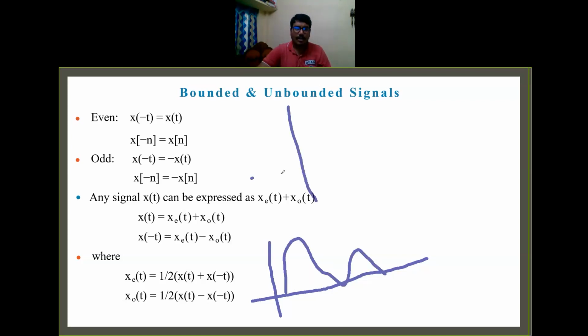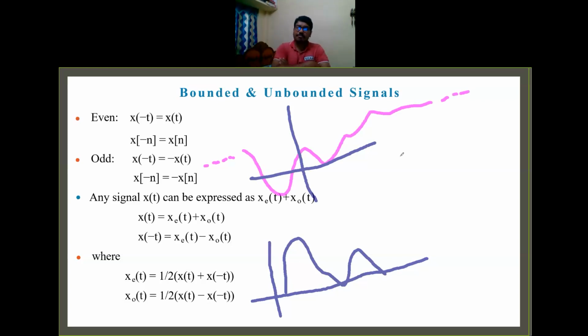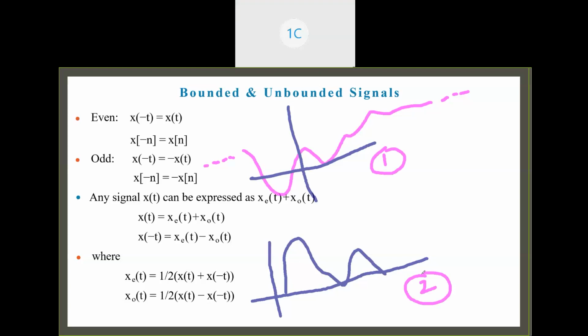The second one I'm drawing here with pink color, with dashes. What is the difference between figure 1 and figure 2? Figure 1 is unbounded, sir, and figure 2 is bounded.